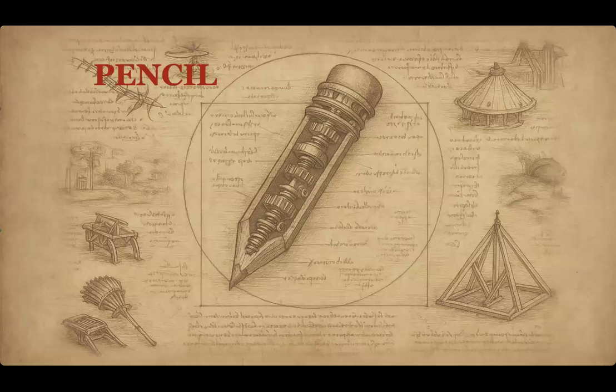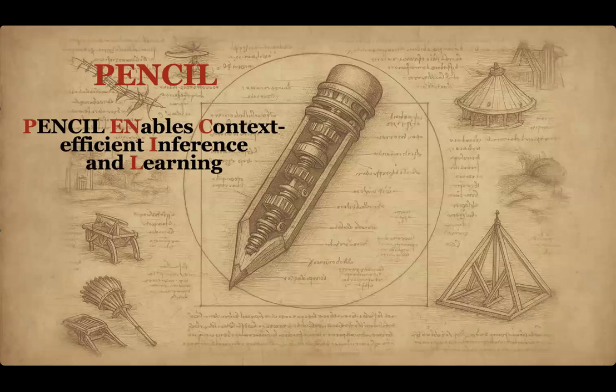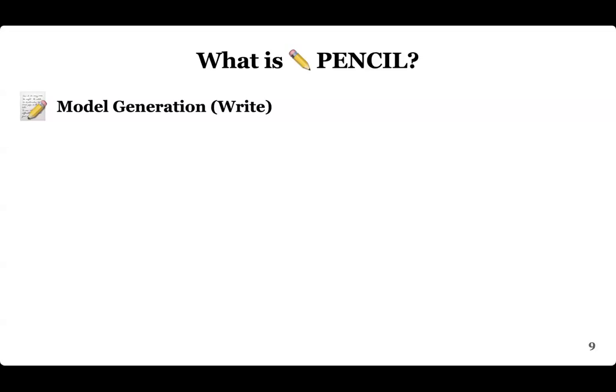So what does Pencil mean? It's a shorthand of "Pencil enables context-efficient inference and learning". As the name suggests, it's more about efficiency: using limited resources to generate longer thoughts and to address more complicated problems. So what is Pencil? Just like chain of thought, it can generate tokens and generate thoughts.